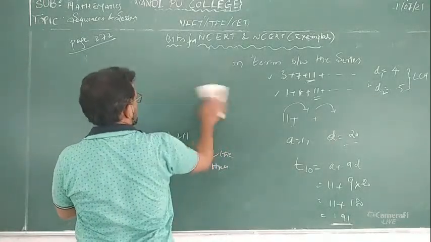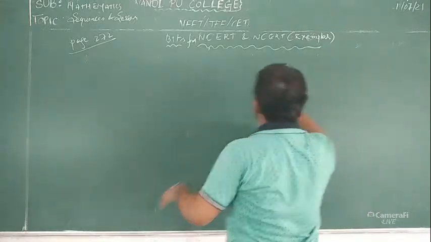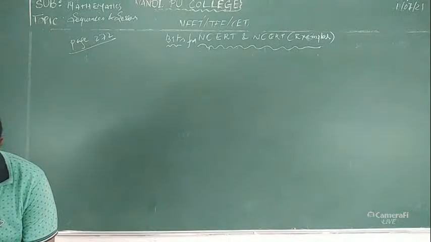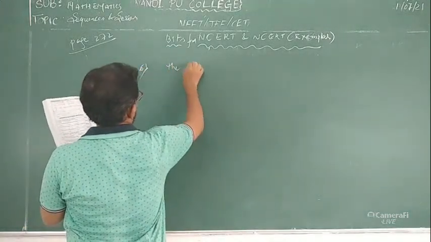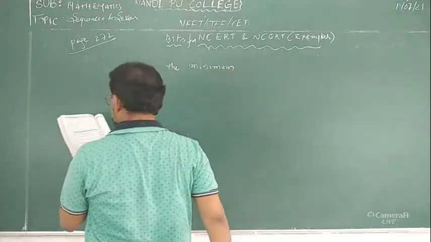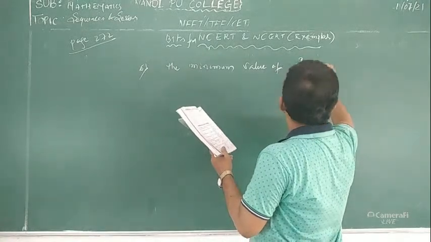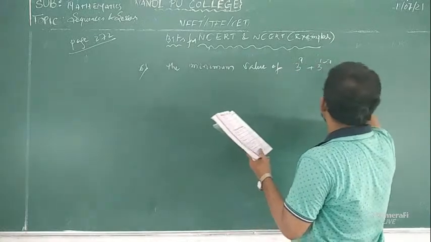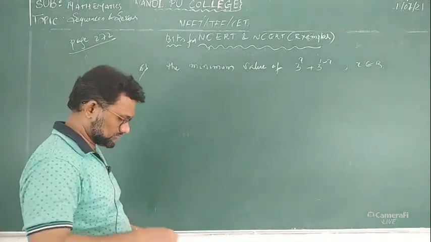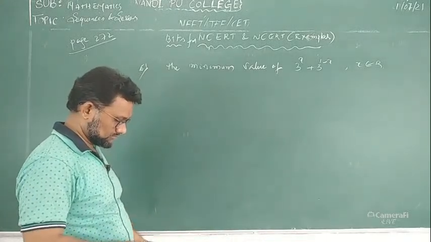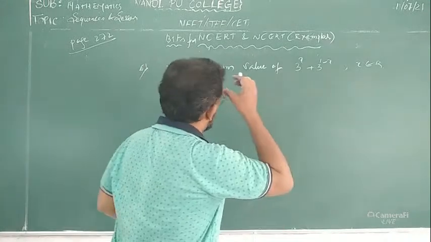Next, sixth one. The minimum value of 3 power x plus 3 power 1 minus x, where x belongs to R. So the minimum value is asked.